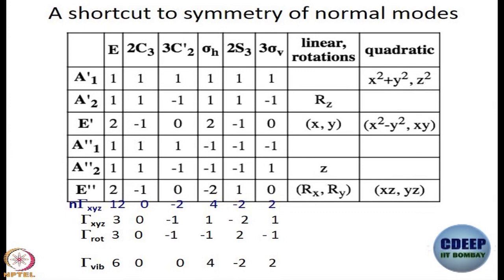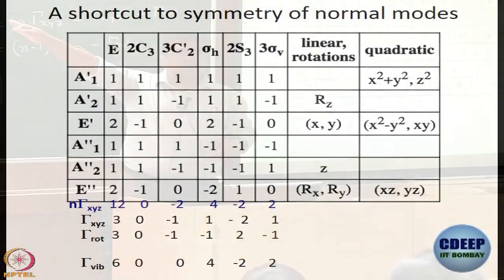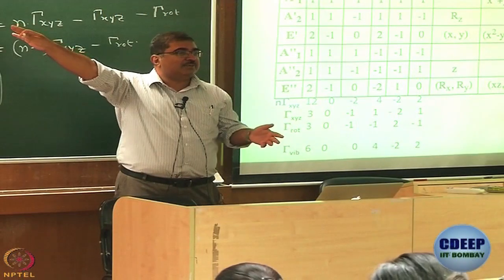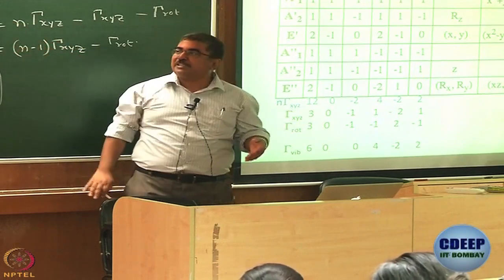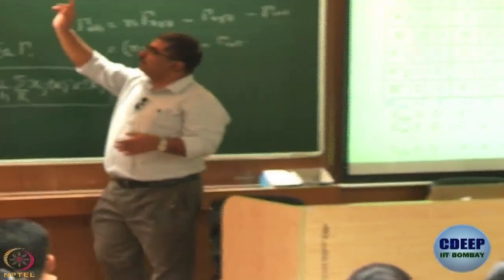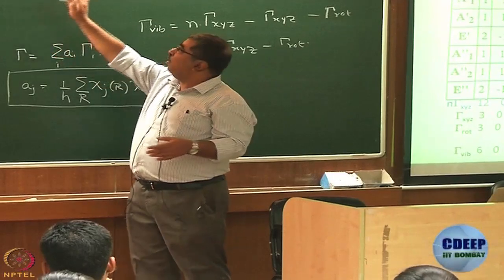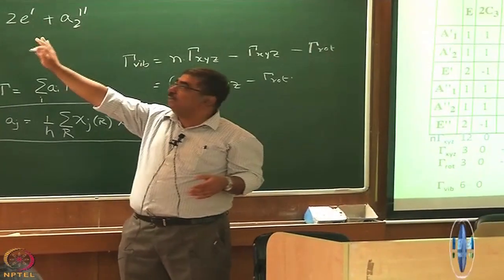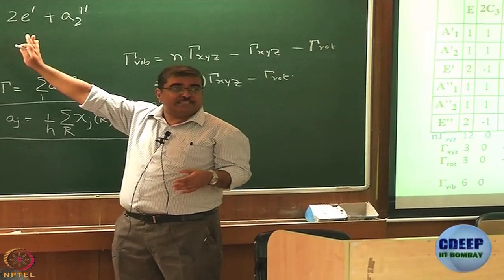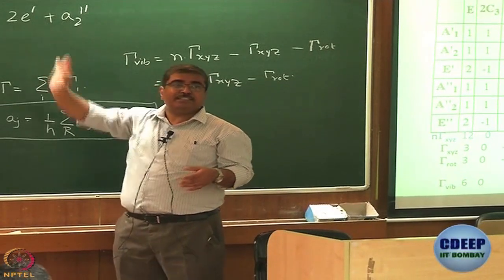If this is correct, then of course, the last question is only a formality. What is the coefficient of E double dash? 0, right? We have accounted for all the normal modes already. There are 6 normal modes, we have accounted for them. So, what we say is, there is one totally symmetric representation, one A2 double dash vibration, and there are 4 vibrations that belong to E dash.